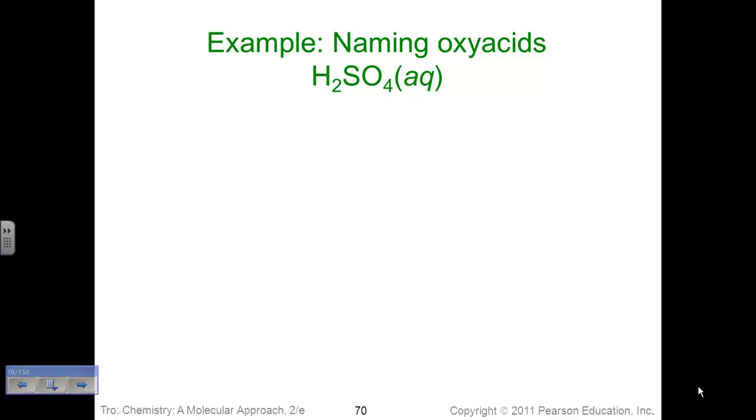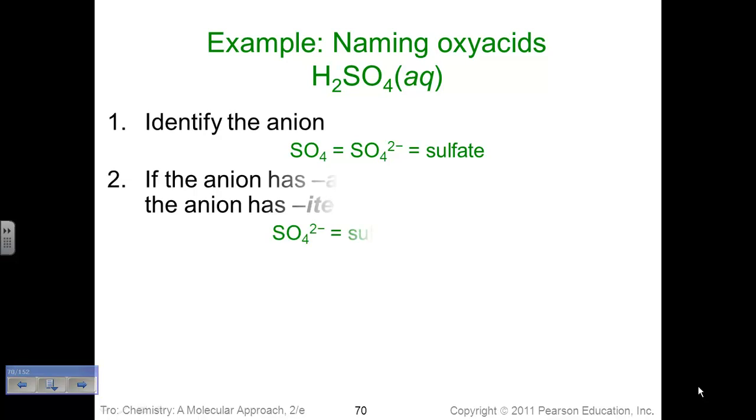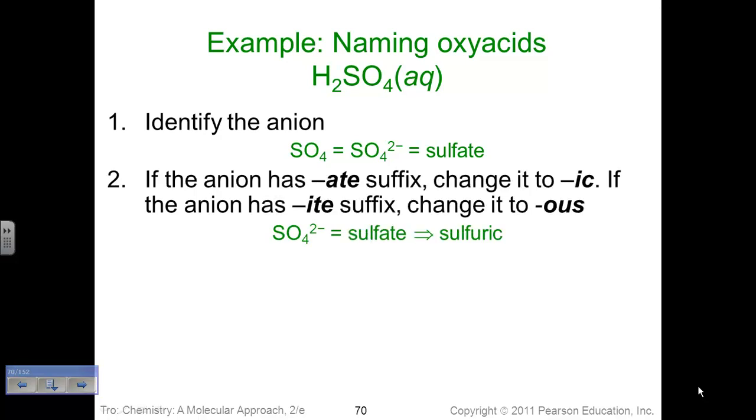It's there to balance charges. Now, our formula H2SO4 started by identifying the negative anion, and we found it on our polyatomic chart, sulfate. Remember the rule, ate turns to ic. If it had been ite, we know it was ous, but this ended in ate.